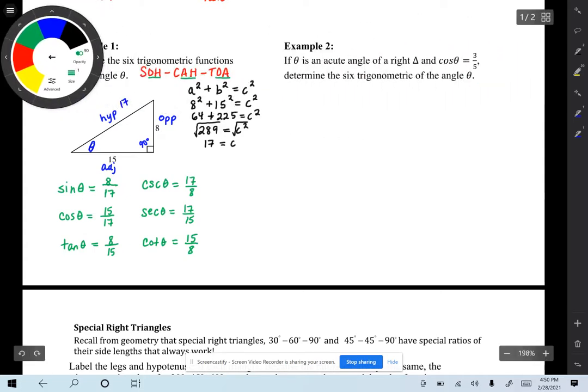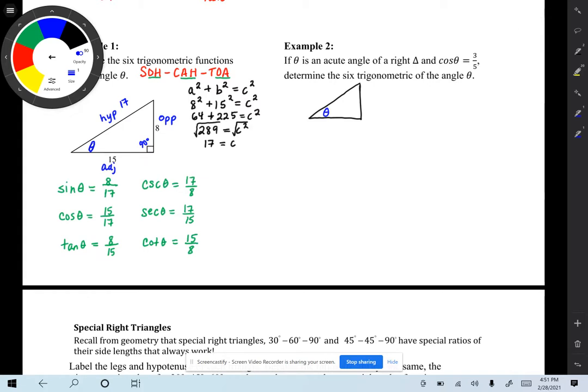All right. Now, for example 2, this time you have to draw the picture yourself. So if theta is an acute angle of a right triangle, and you could put it anywhere you want. I'm just going to put it in this corner.